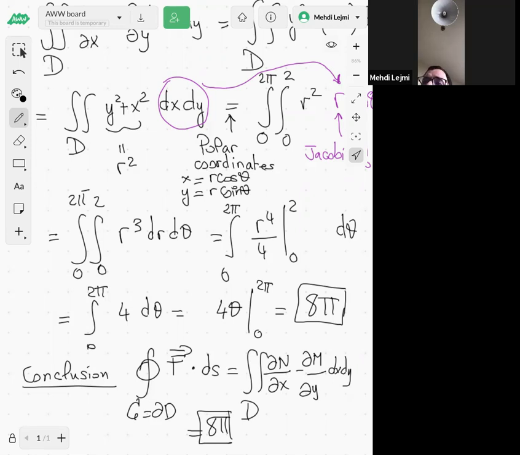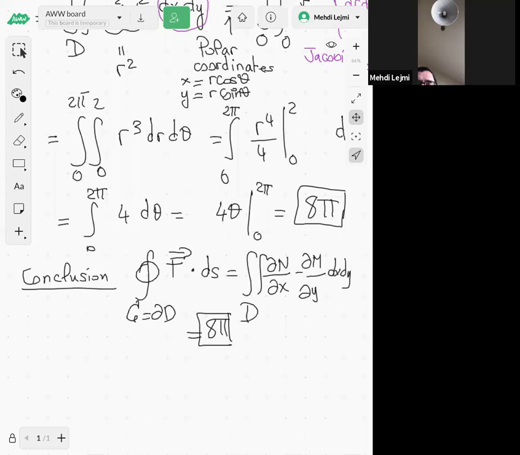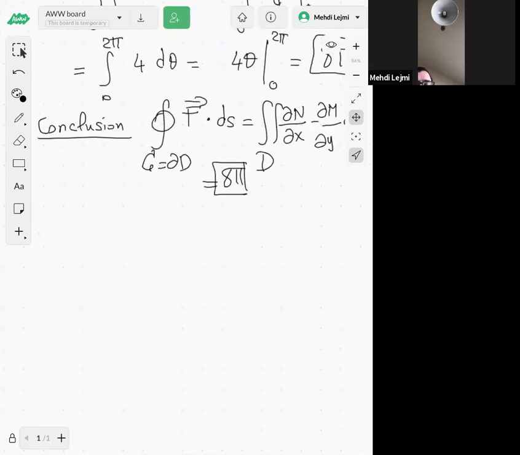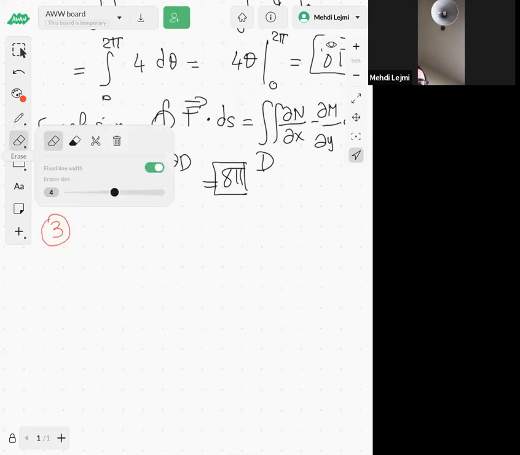Exercise number 2 is very similar to this one. Number 3 is kind of different. So this is exercise number 3.